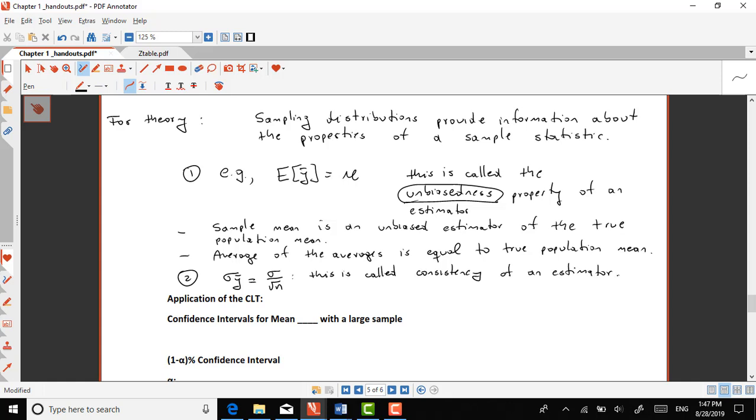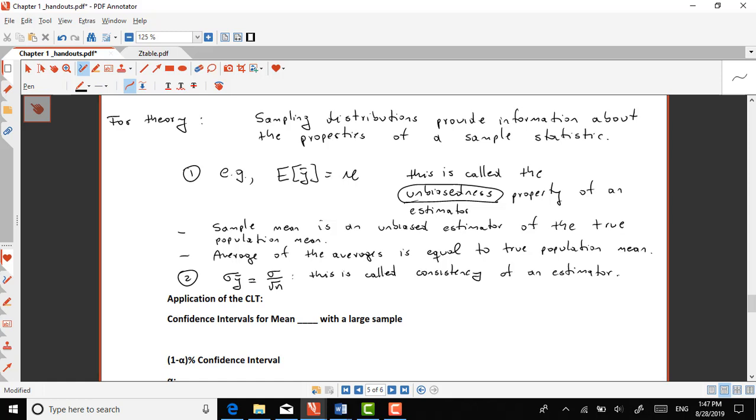And another way to think about this is to remember that the sample mean has a distribution. But you see the variability of this distribution gets smaller and smaller as the sample size increases. So the consistency property is telling you that the distribution of the estimator gets concentrated around the true population value as your sample size increases to infinity.